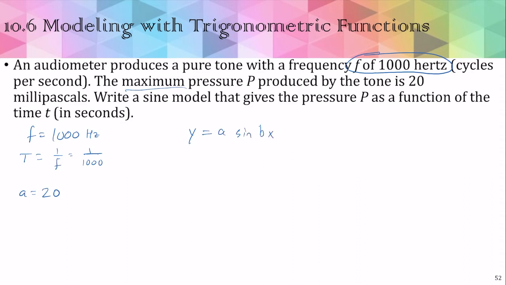So I know A is 20, but I need to find B. So I can get that from my period. Period is 2 pi over B, but I know that that's 1 over 1,000. If I cross multiply, B is 2,000 pi.